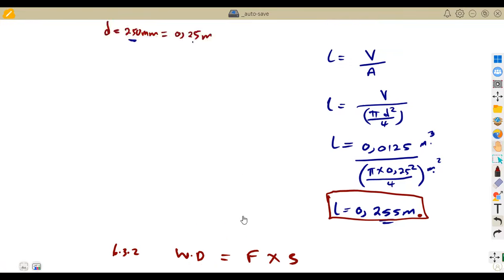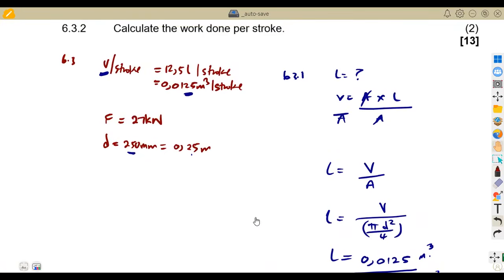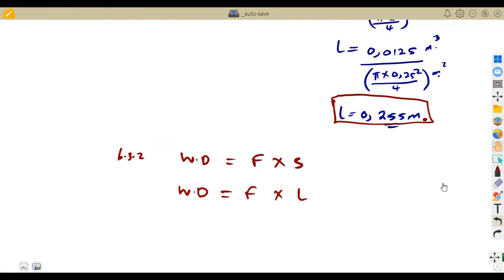And we have the force here, 27 kilonewton. So you're going to have the force of 27 kilonewton times the stroke length of 0.255. Remember, this stroke length was calculated from the volume per stroke, so this will be the work done per stroke also.